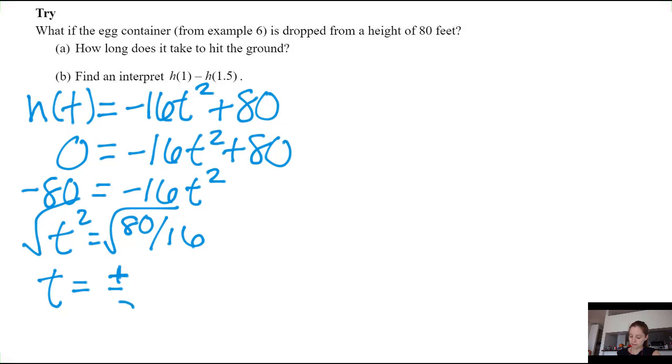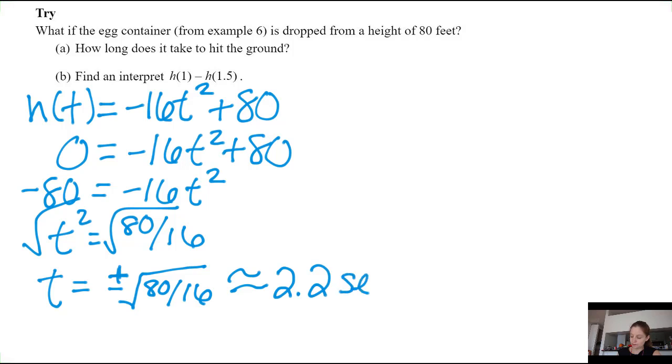T equals plus or minus the square root of 80 over 16, which is approximately 2.2 seconds.